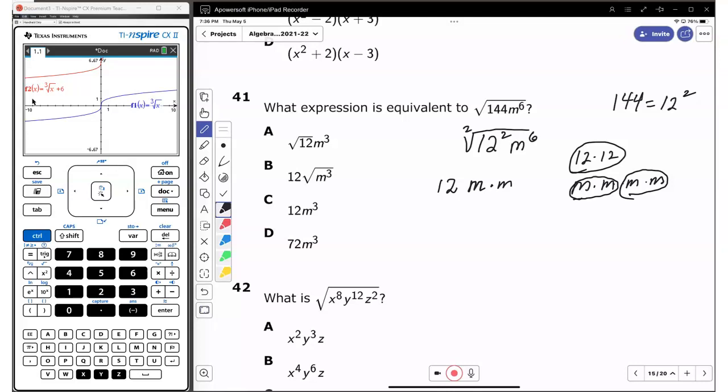Now we didn't have 4, we had 6. So m times m, the square root of m squared is m. So what does it finally simplify to? 12 times m to the 3rd power. So your answer is C.